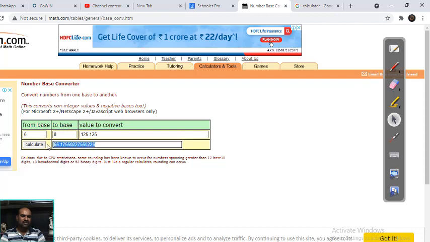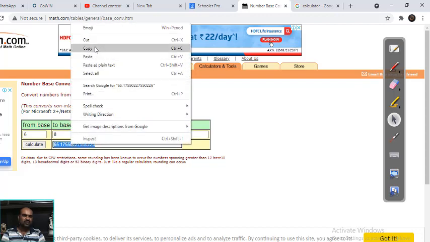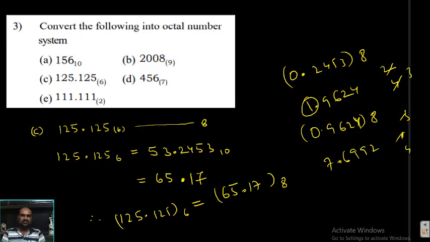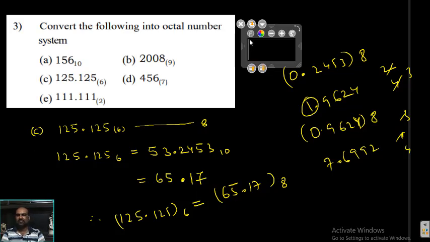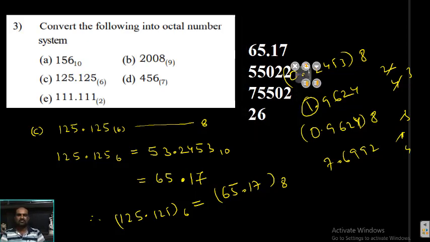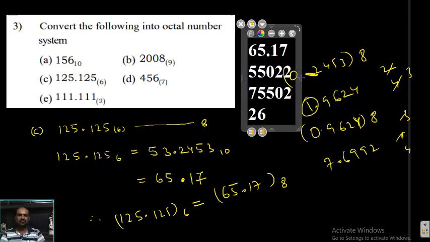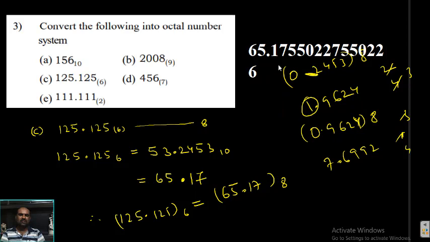So what I got, I will copy this. What you got? 65.17 something. So what we did is correct.